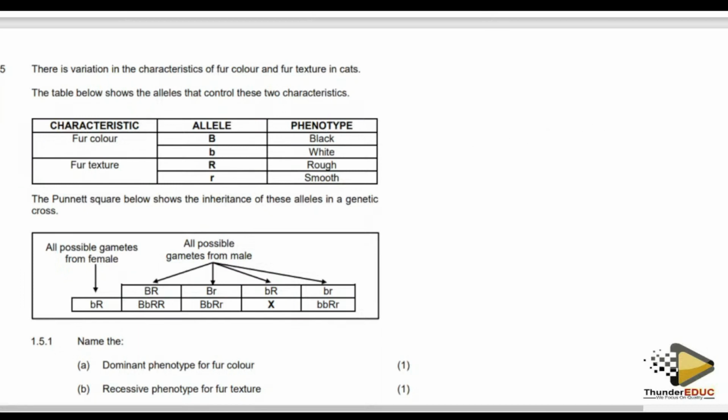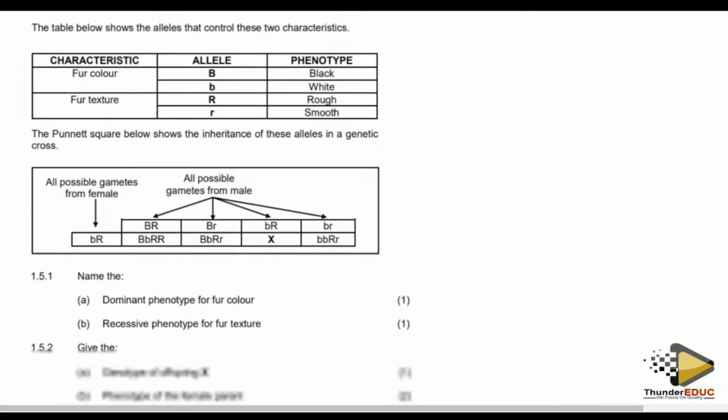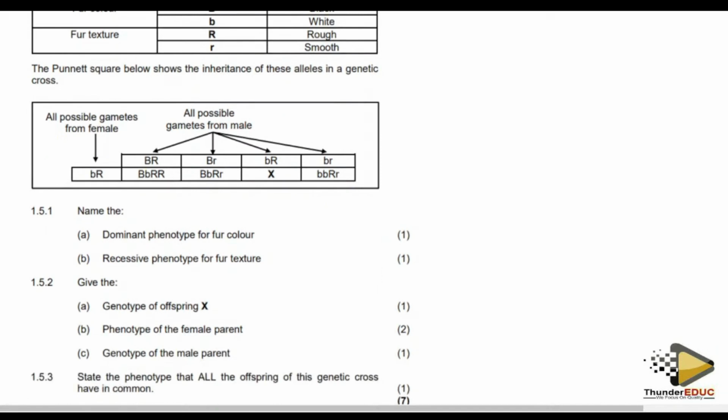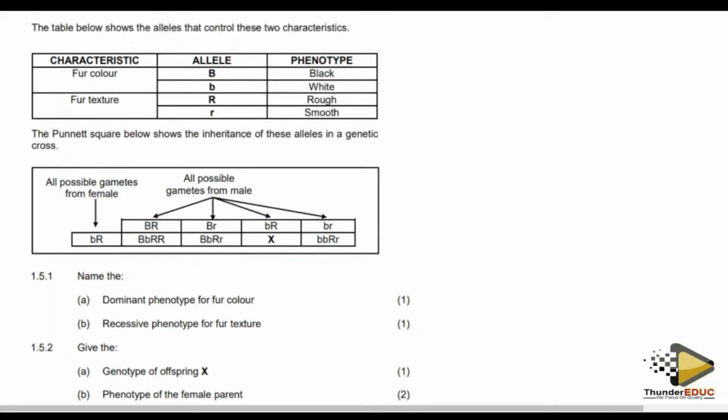What is next? They're saying that you have these characteristics. The Punnett square below shows the inheritance of alleles in the genetic cross. All right, here is the Punnett square. Name the dominant allele for fur color.